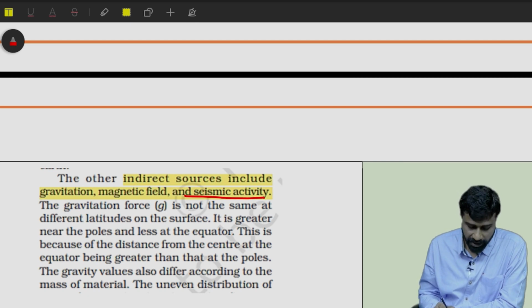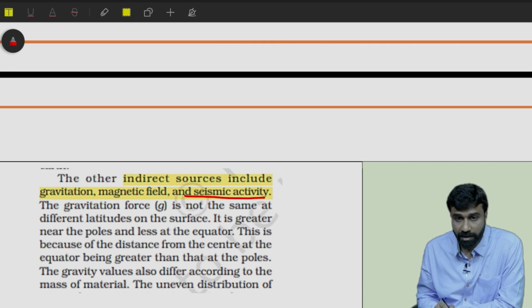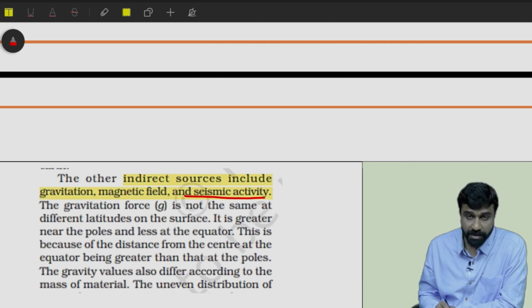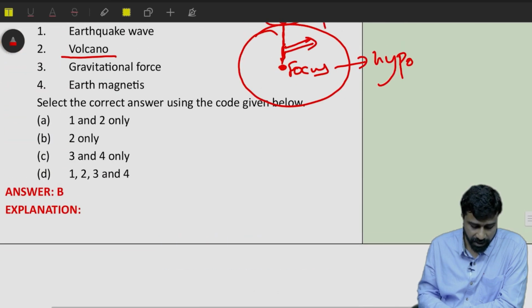Therefore, you can directly witness the amount of matter or mineral located underneath the surface of the earth. It is a very direct source in nature.